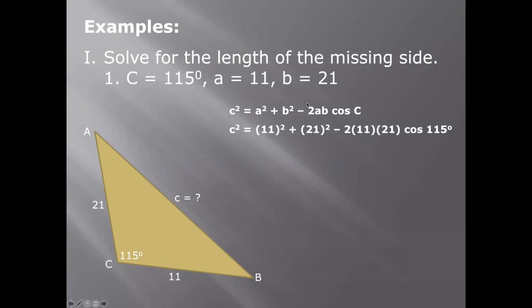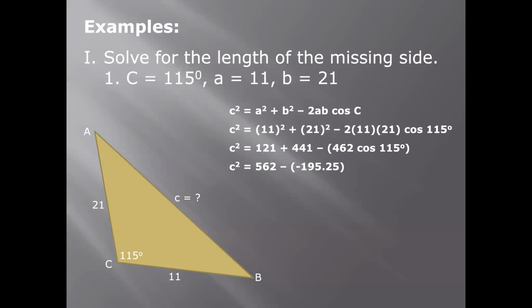Solving for each value one by one, the square of 11 is 121. The square of 21 is 441. And then 2 times 11 times 21 is 462 cosine 115 degrees. Adding 121 and 441, we'll get 562.